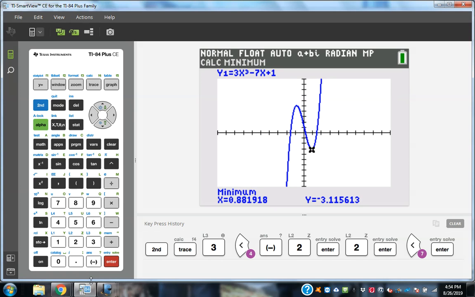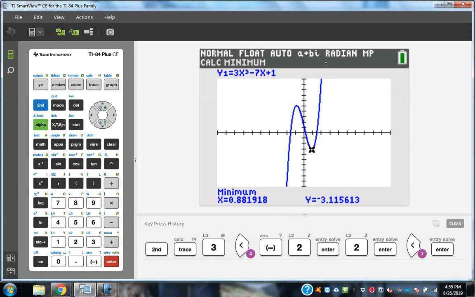This one would not have an absolute minimum or an absolute maximum because these lines continue forever toward negative infinity down here, and then this line goes up to positive infinity. So there's not an absolute for that particular graph. So local maxes and mins exist, but absolutes don't always exist. They just sometimes do.